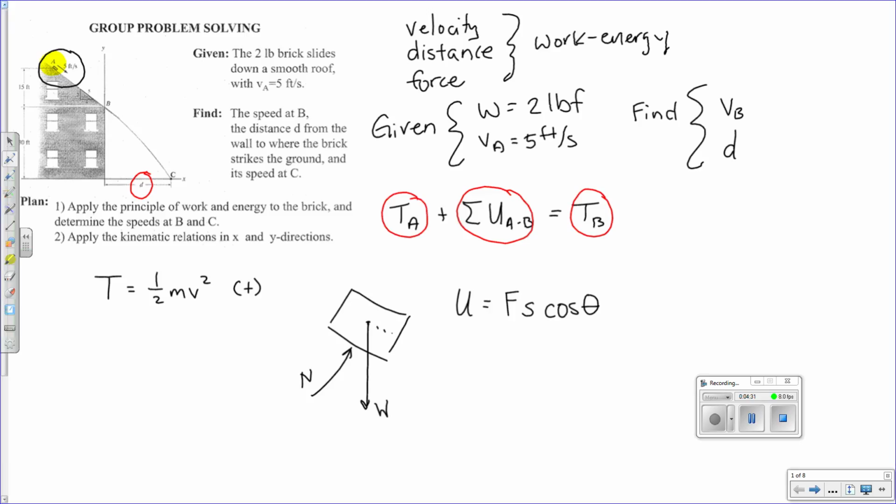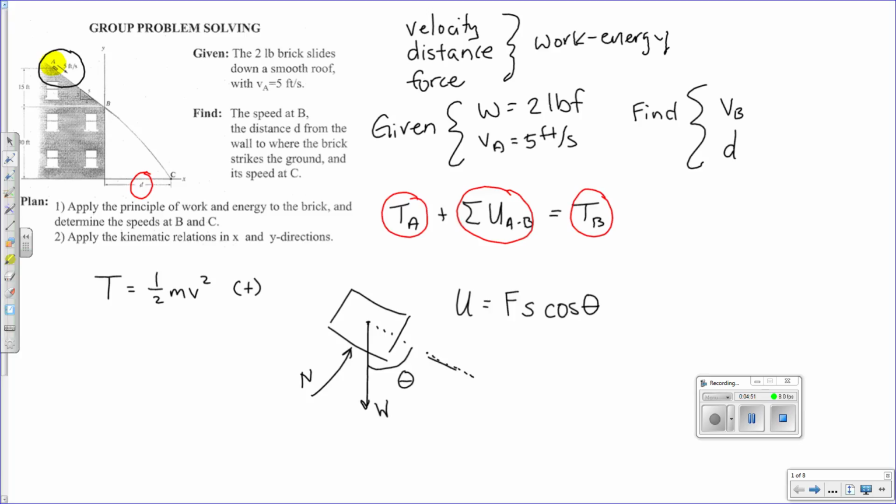We know that it's moving down the slope. And so this angle theta here corresponds to the theta in this equation for cosine theta. It's the angle separating the force direction from the direction of the displacement.